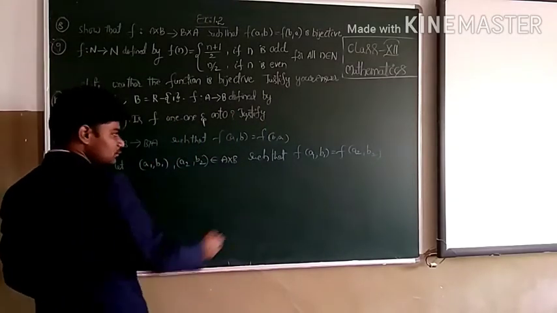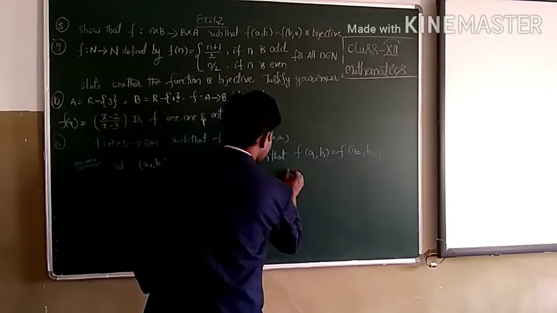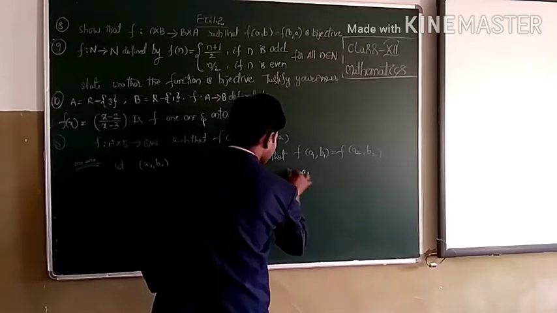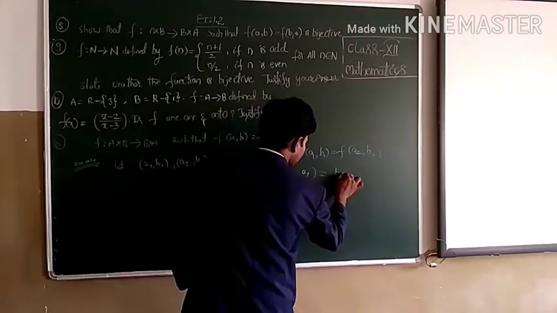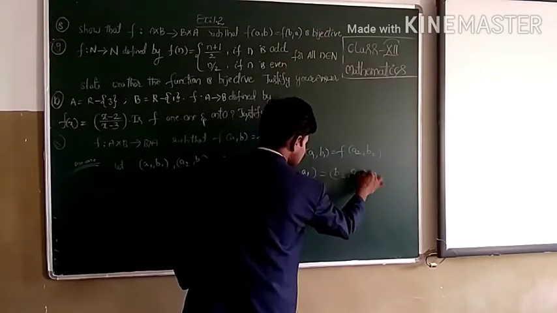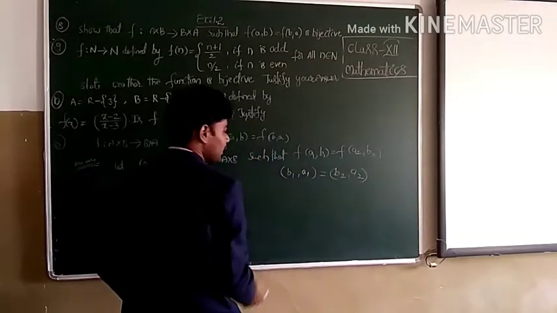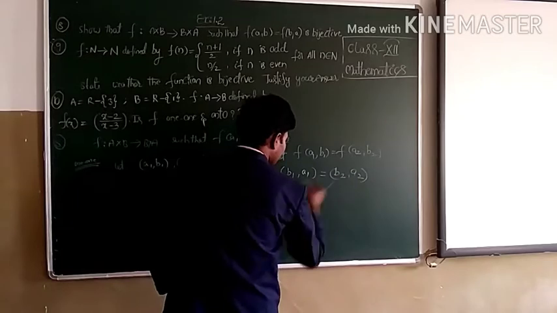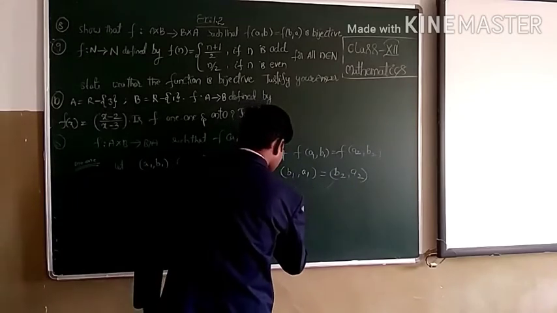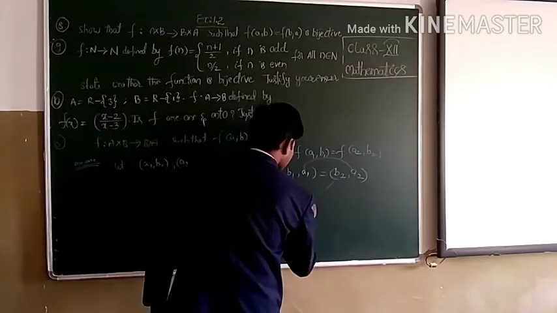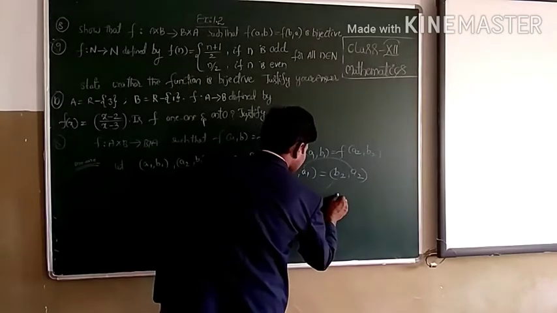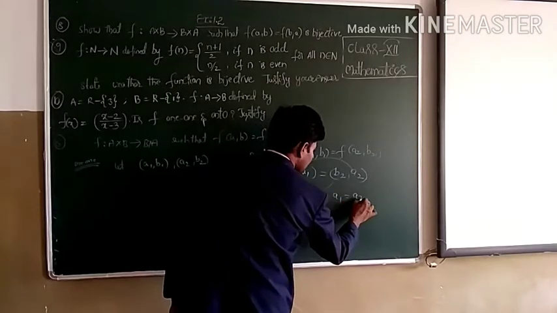Next, we can write (B1, A1) = (B2, A2). Just reverse order we can take. Now equate the first elements, so B1 = B2 and A1 = A2.